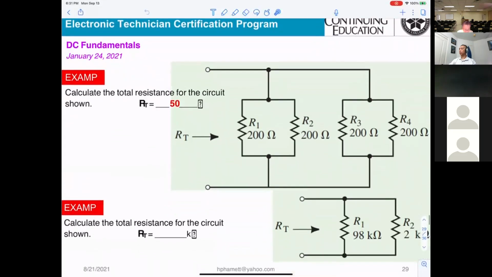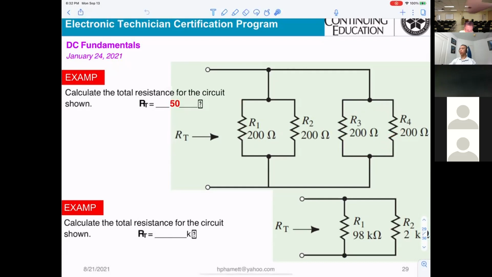Also, this one you calculate the total here. First, you can combine R1 and R2 in parallel to get R12. Then combine R3 and R4 in parallel to get R34.